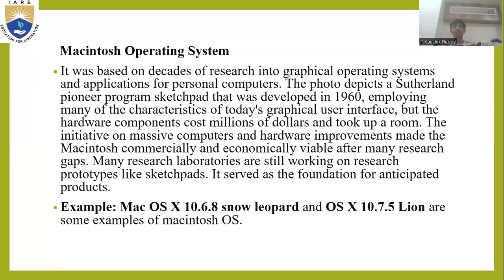But the hardware components cost millions of dollars and took up a room. The initiative on massive computers and hardware improvements made the Macintosh commercially and economically viable after many research gaps.